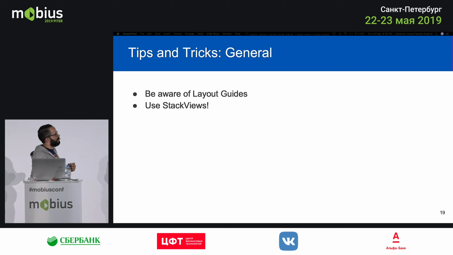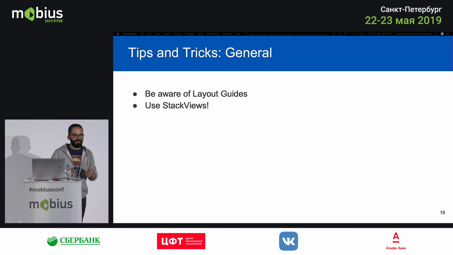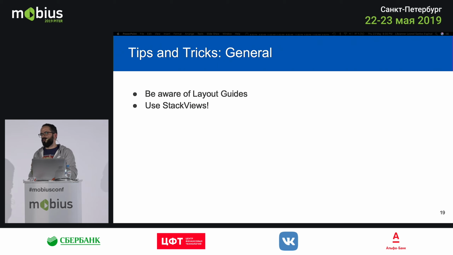So another tip: be aware of your layout guides. In the past, when you wanted to create spacing between views, normally one of the ways was creating spacing views just for that. But now with auto layout and layout guides, you don't have to do that. And be aware, apart from the safe area layout guide that probably most of you know, there are layout guides that help you with readable content.